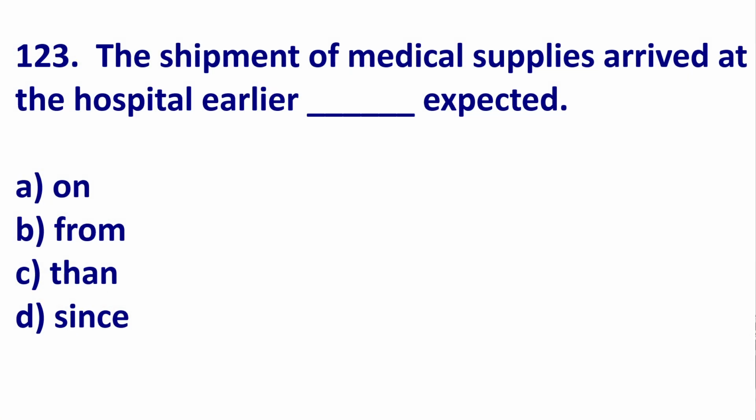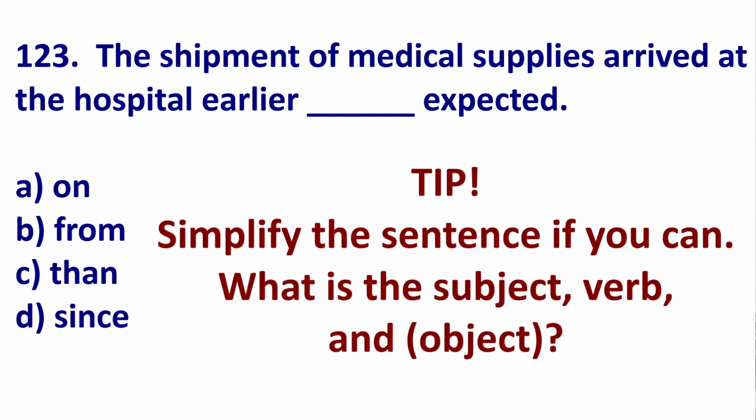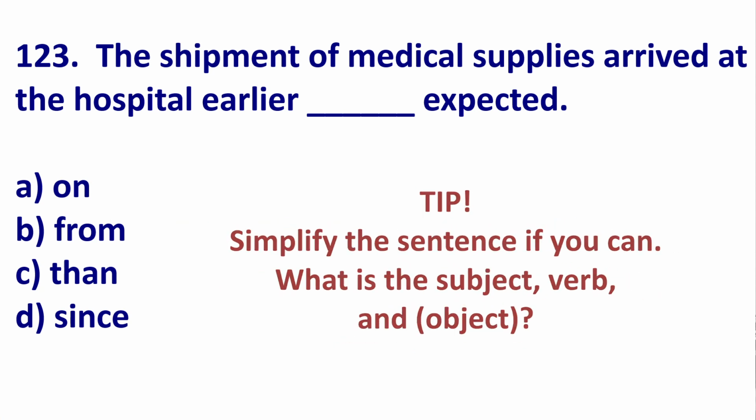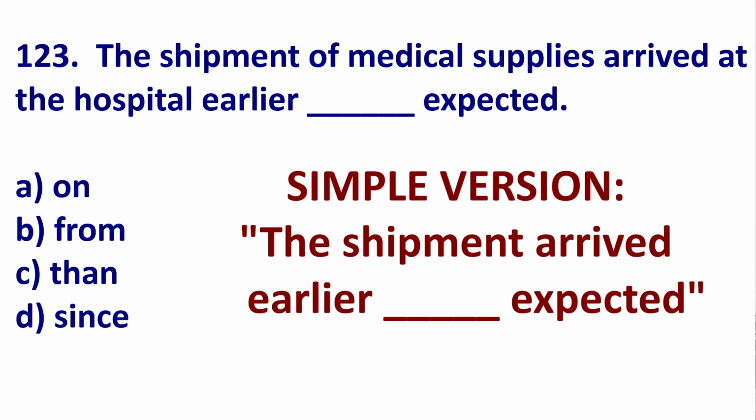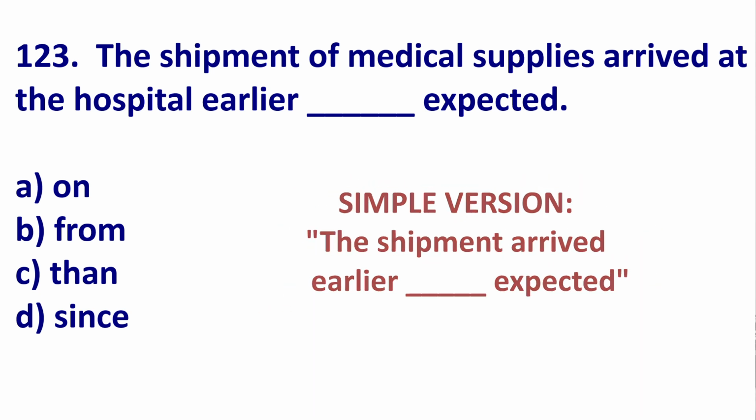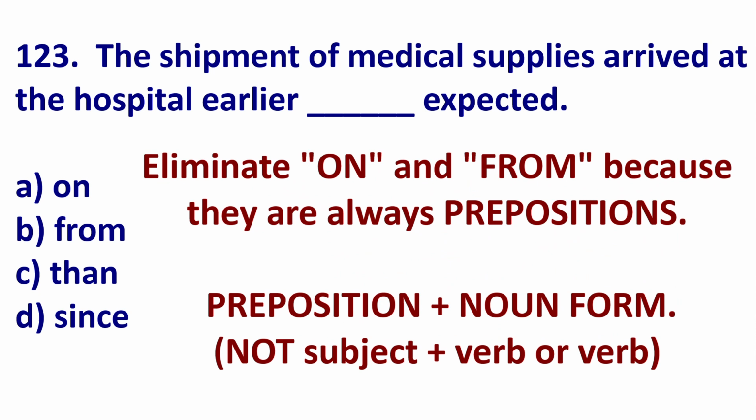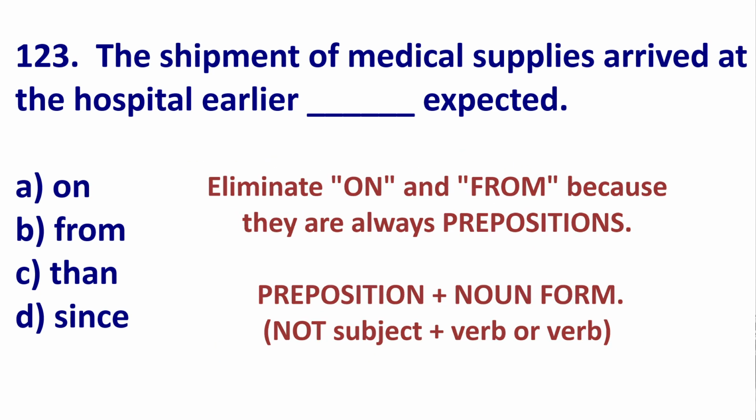All right, number two. Let's simplify this with just the subject and verb. So the shipment, subject, arrived earlier, blank expected. We can eliminate on and from because these are prepositions. These are followed by a noun, not a subject and verb.